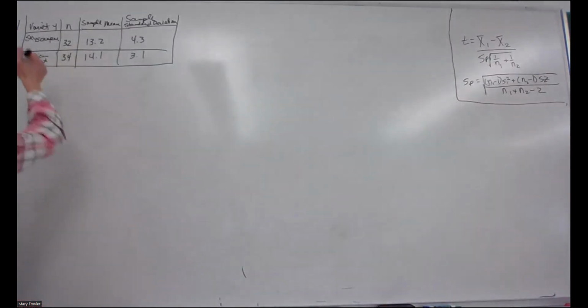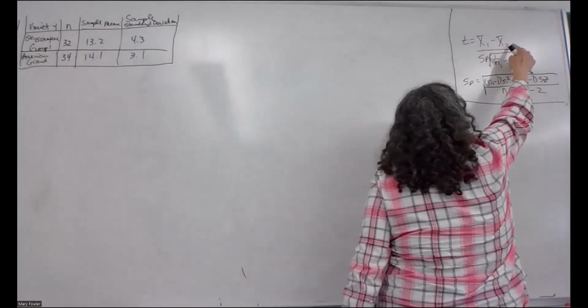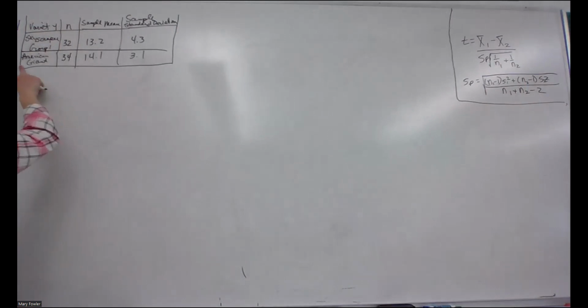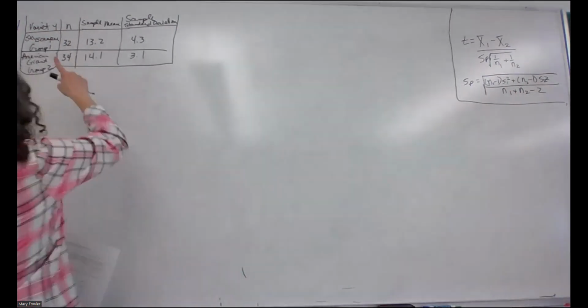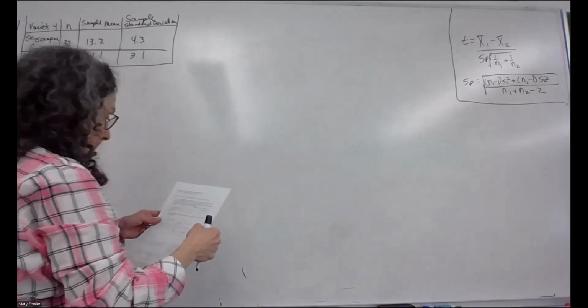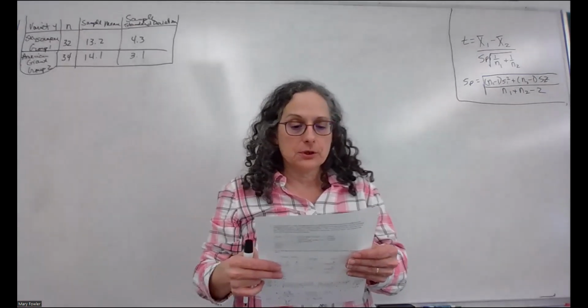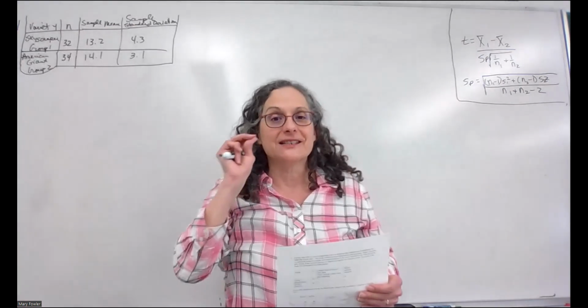So as I said, skyscraper will be group 1. And I'm going to call it 1 and 2 because I want to be able to follow along with the formulas, okay? And then American giant, we'll just call that group 2. So when we refer to the subscript 1, then we know we're talking about skyscraper. Okay. So the question was, at the 5% significance level, do the data provide evidence that the mean height of the two varieties differ?